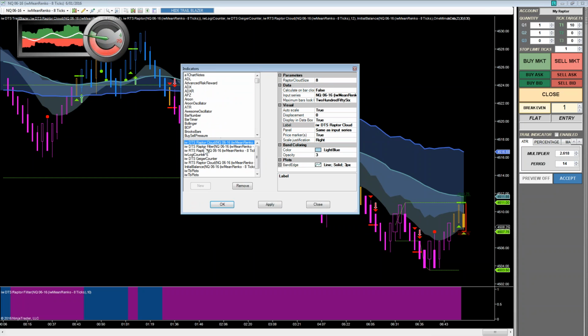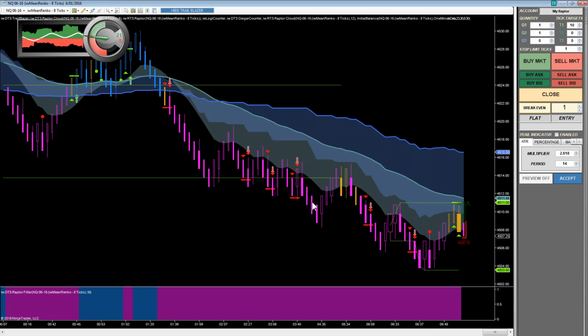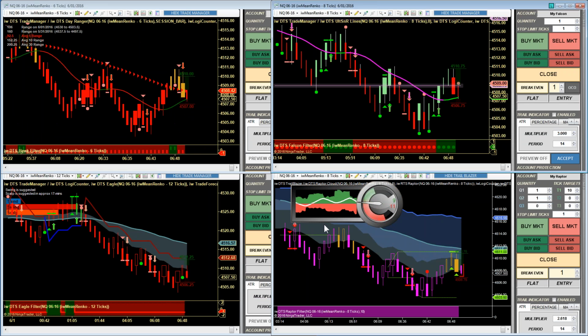You can change the cloud sizes, you can adjust your filter, you can adjust settings on the tool itself. In fact, the Raptor owners, well, the DTS owners have a forum also, but the Raptor owners have a forum where they share their ideas, their tweaks and signals that they're fond of and the way that they're using their tools. So there's a whole community besides the trading room available to DTS owners.